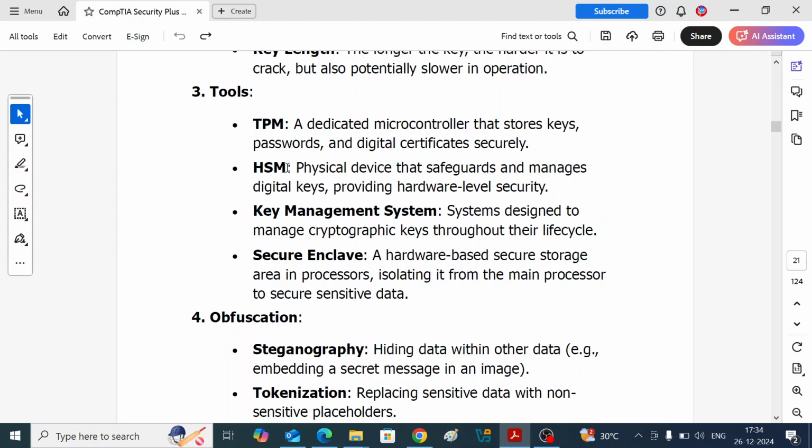HSM further has levels: level 1, level 2, level 3, level 4. Level 1 is the lowest standard, generating the keys, doing encryption and decryption. We distinguish between what is hard encryption and what is simple encryption.